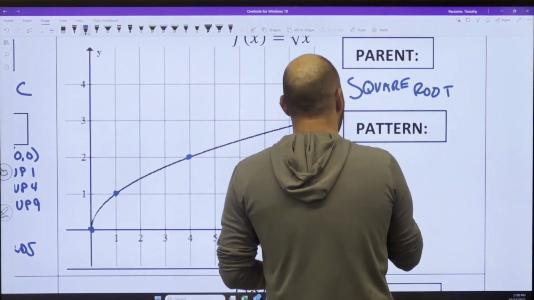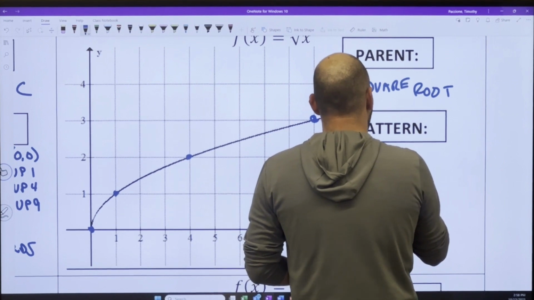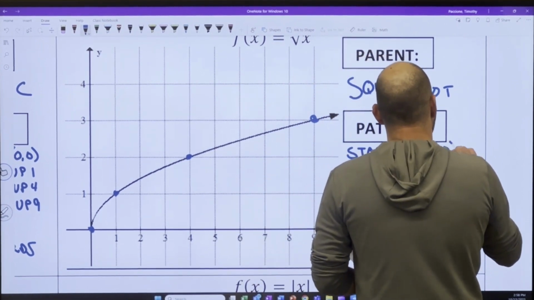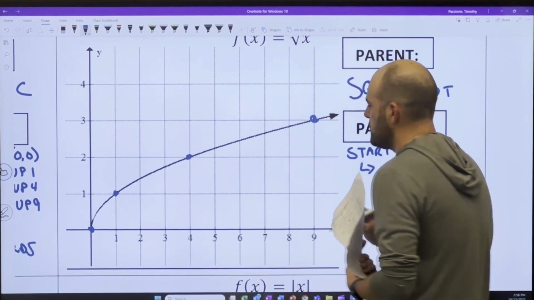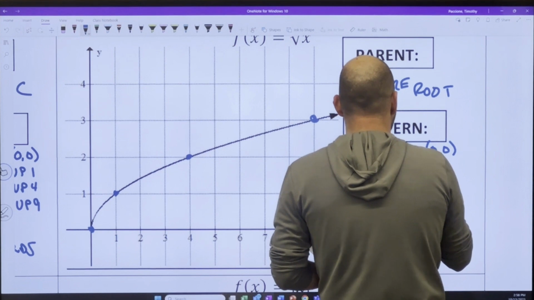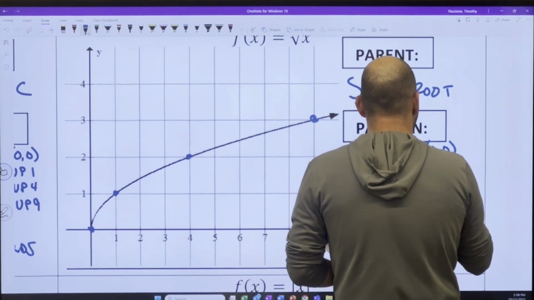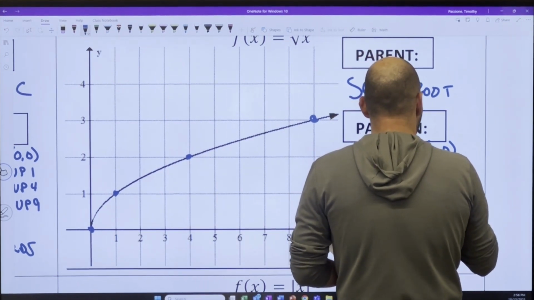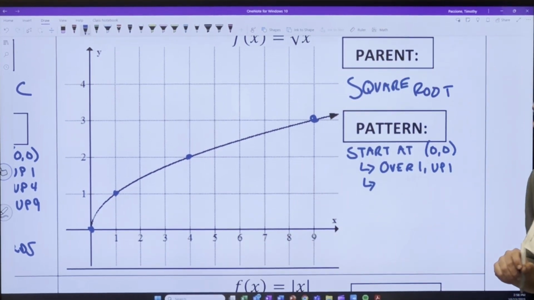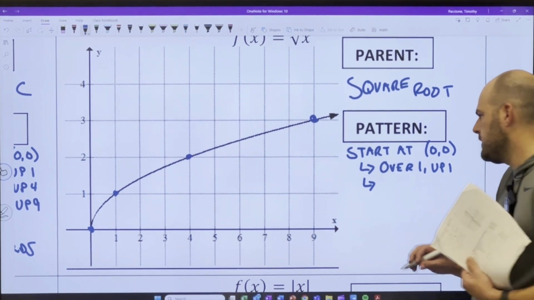So where do we start? At 0, 0 again. And then where do we go first? Over 1, up 1 again. And then over 4, up 2.